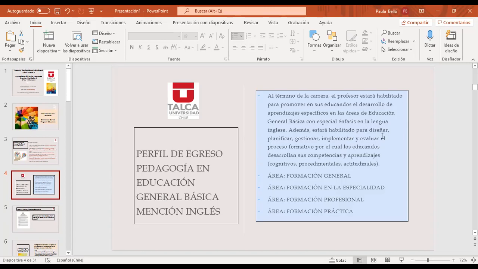Yes, and this verb is so... First of all, will design. Design. Yes. This is very similar to Spanish. Plan, carry out. This is very similar to Spanish. In English? Implement, yes. And Vanessa said evaluate, yes.